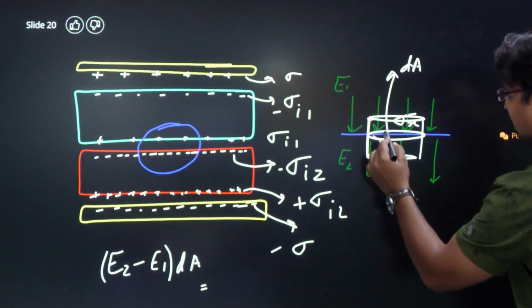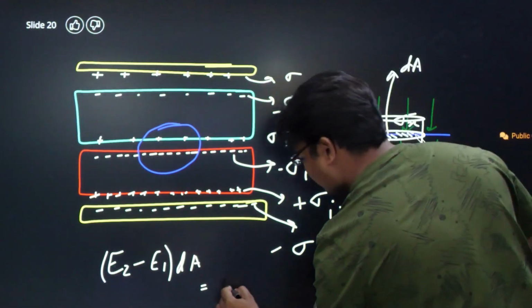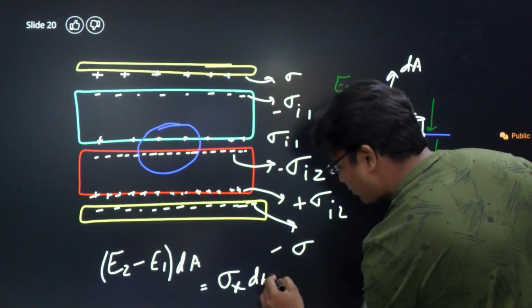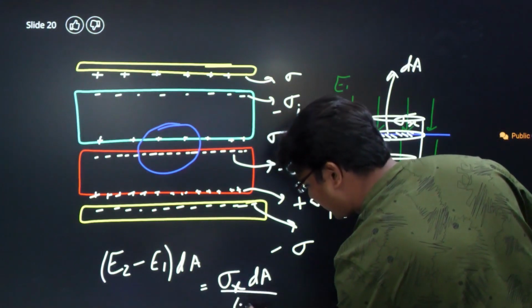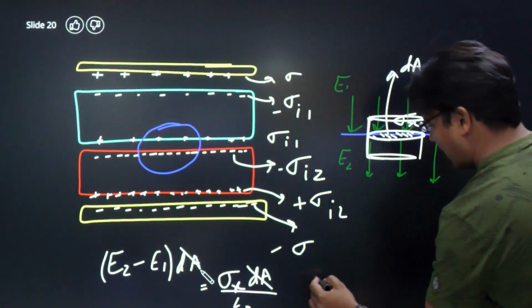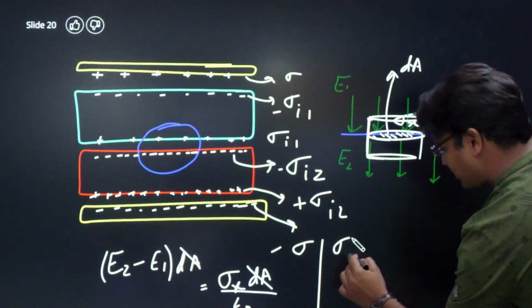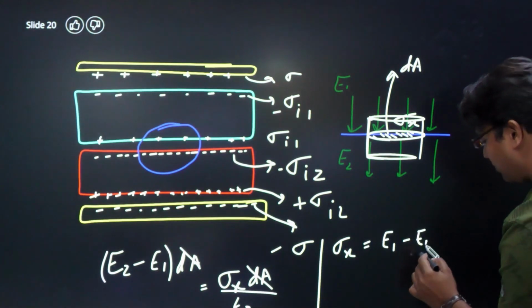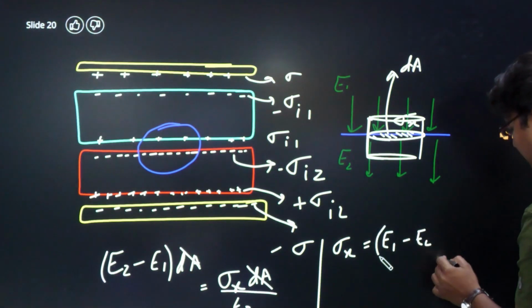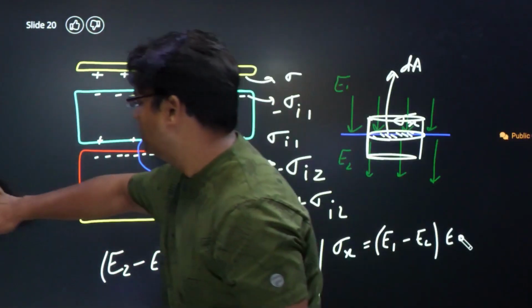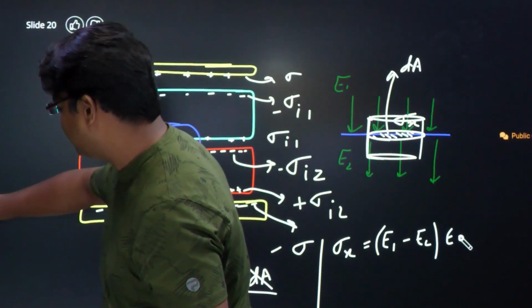The net charge is the charge on this surface, given by sigma x, the sigma we are trying to find out, into dA, upon epsilon naught. So dA gets cancelled, and sigma x would be E2 minus E1 times epsilon naught. Now how much is E1 and how much is E2?